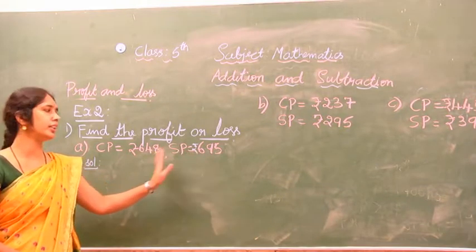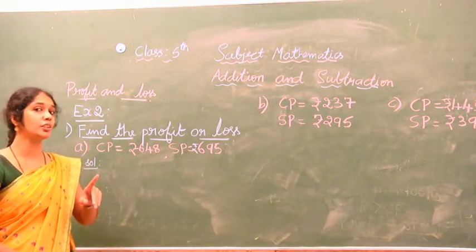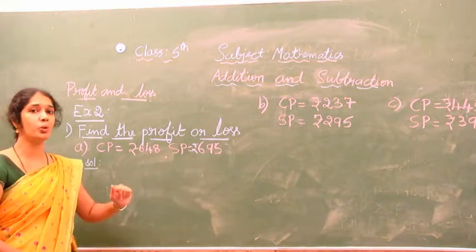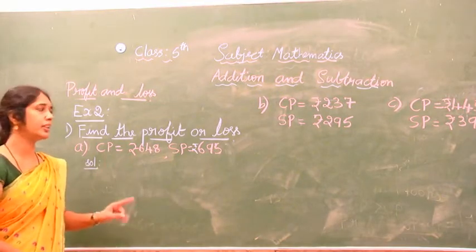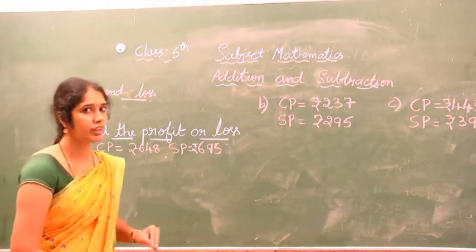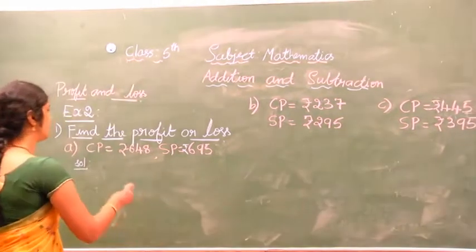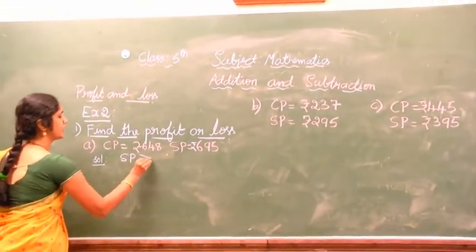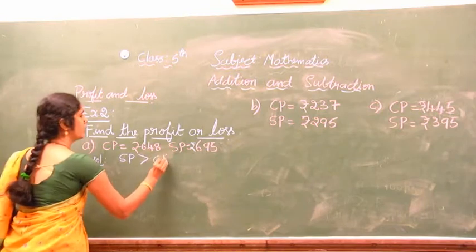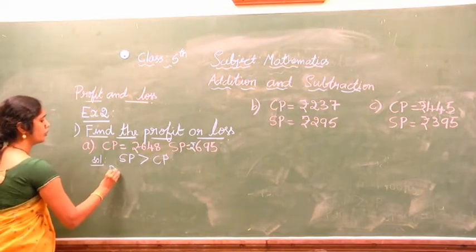What you got in this case? Profit or loss? See, selling price is more, cost price is less, then of course you have got profit. So here SP is greater than cost price, then you have got profit.